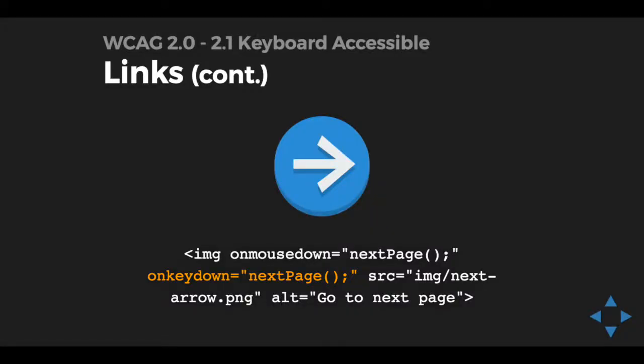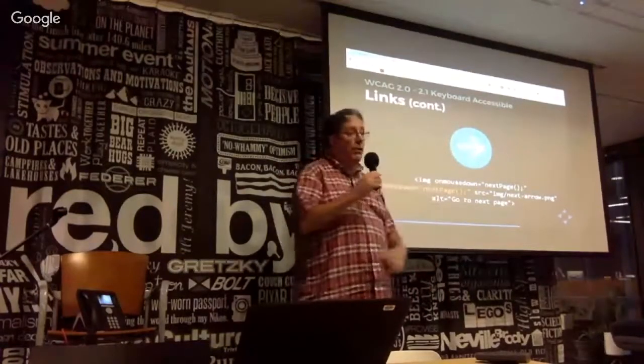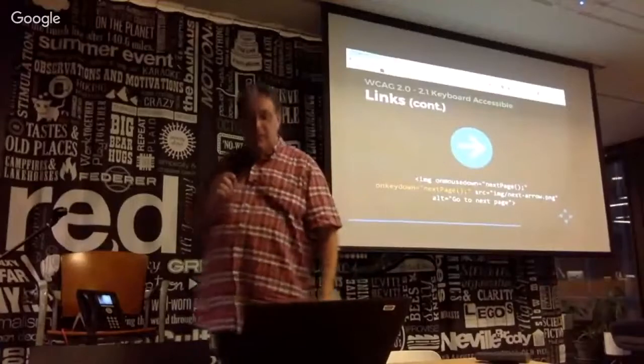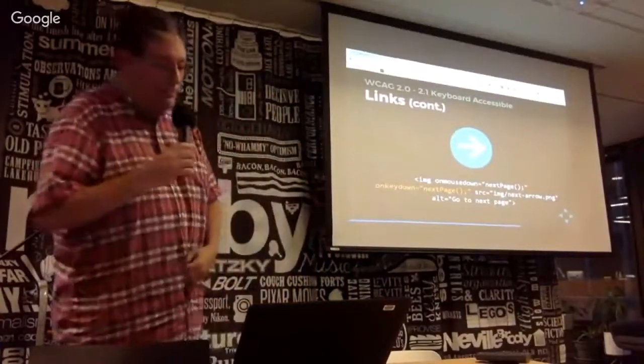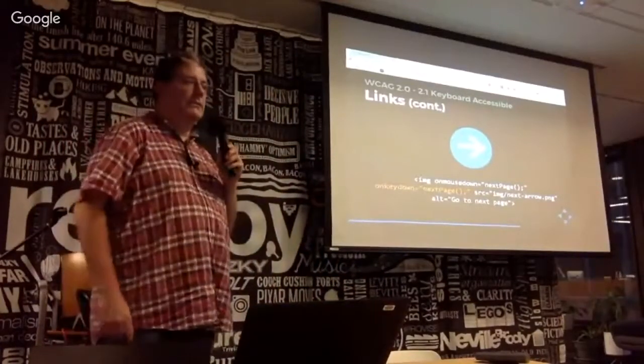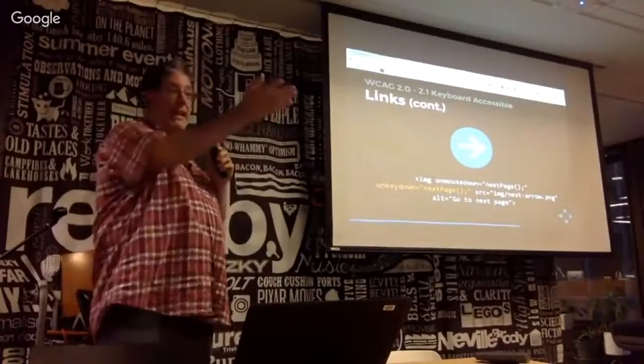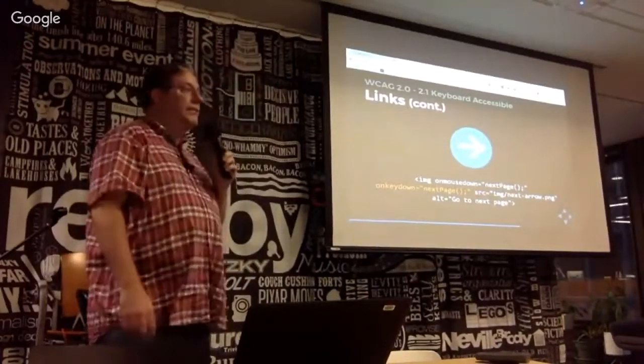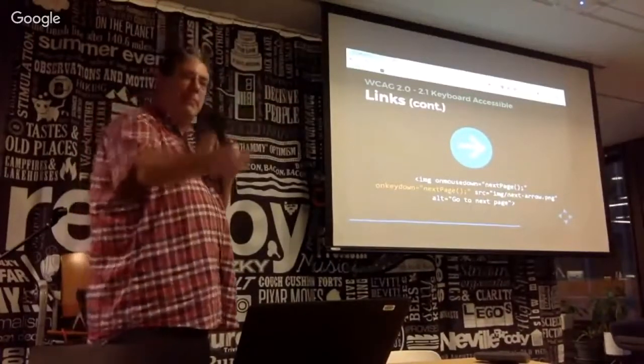Okay? So we can do this. We can add onkeydown equals nextPage, the same function. So now at least the keyboard can act on it. It could trigger the event. But what's still wrong? Focus. You can't reach it via keyboard. Sort of the same problems, right?